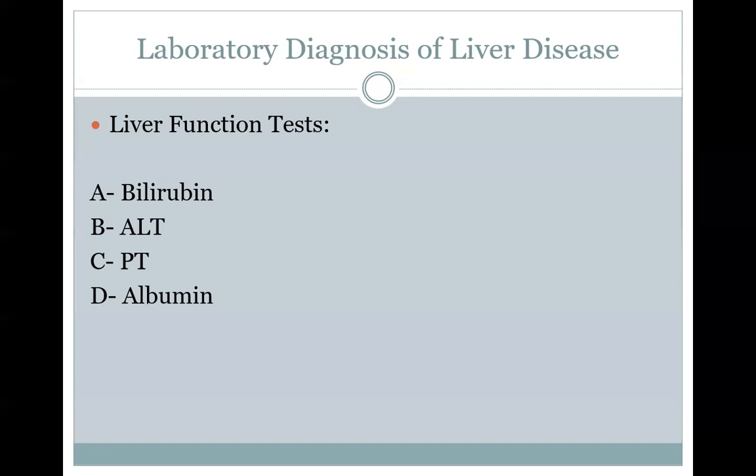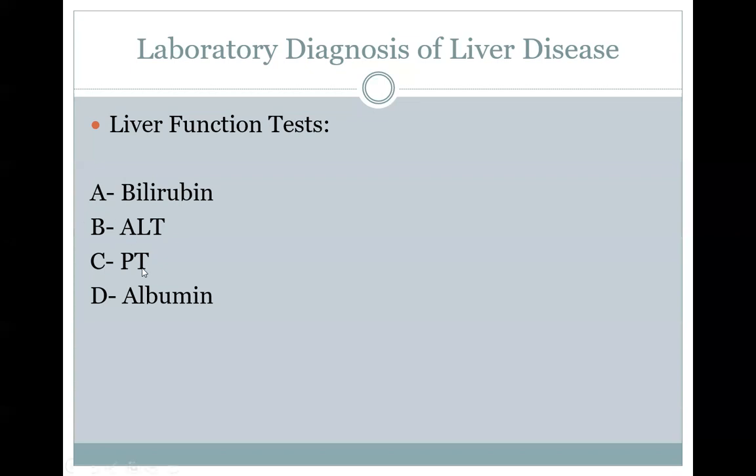The best panel that is followed in the US is this 4-test simple panel. Bilirubin is going to look at the synthetic capability of the liver, of bile. The ALT and AST are the enzymes in the hepatocyte, so they will tell you about the integrity of the hepatocytes.